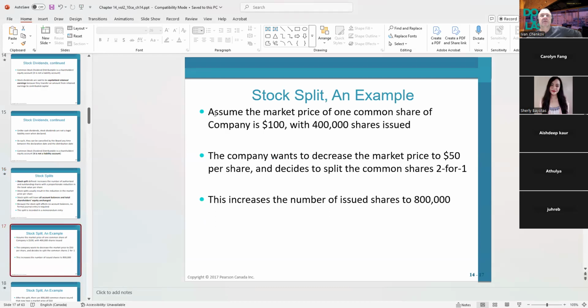So let's see this. Assume that the market price of one common share is $100 with 400,000 shares issued. The company wants to decrease the market price to $50. What do they have to do?